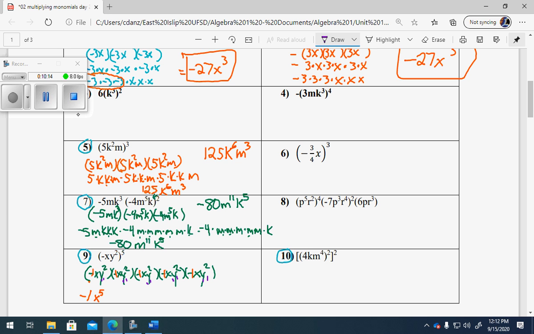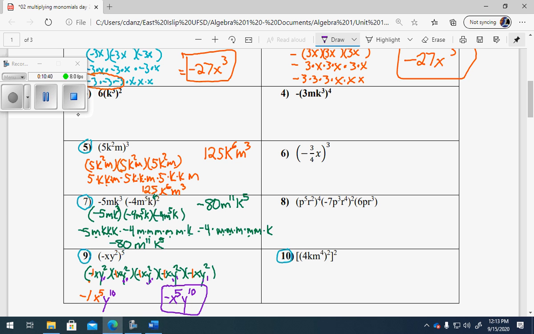Y is being used as a factor 10 times. Now I don't have to write negative 1 x to the 5th y to the 10th. I can write it as negative x to the 5th y to the 10th. But be careful with expanding things. You can see I didn't expand this completely, but I was still able to count how many times y was being used as a factor.